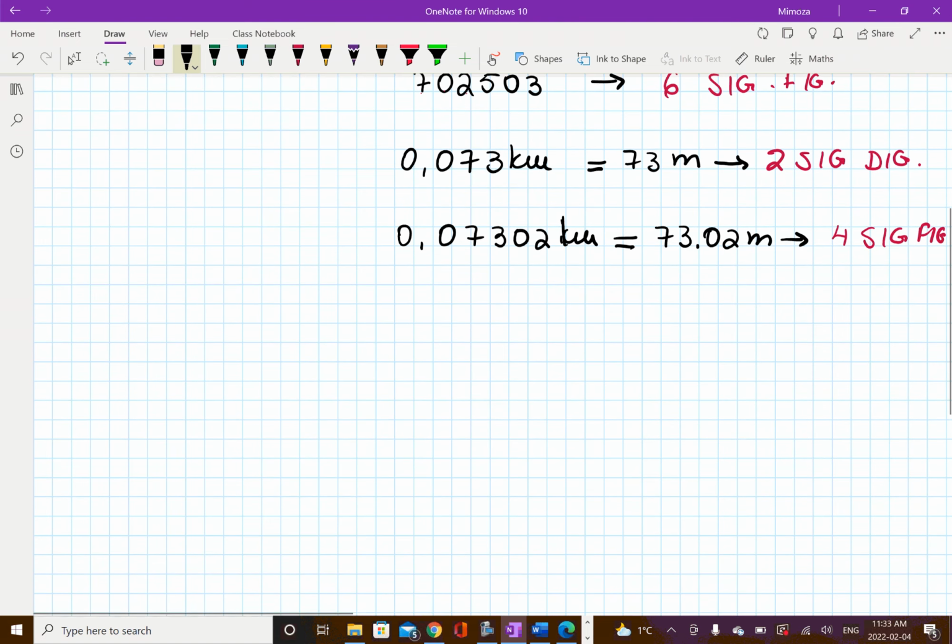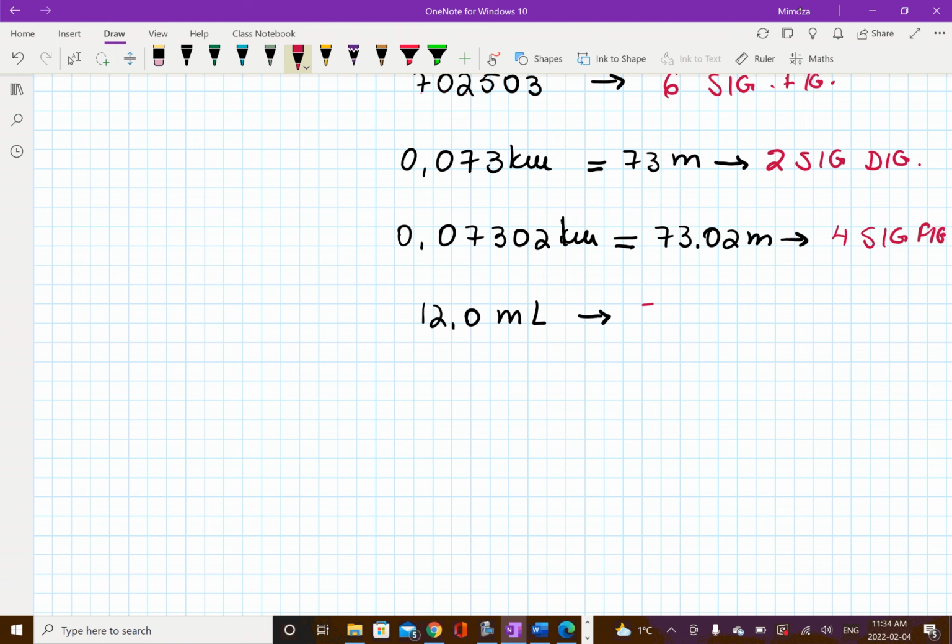So if we have a measurement of 12.0 milliliters, then the zero after the decimal point, even though mathematically it doesn't have any effect, in the world of science expresses that the instrument you used for this measurement has a precision of 0.1 milliliters.